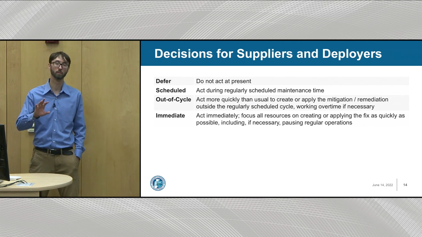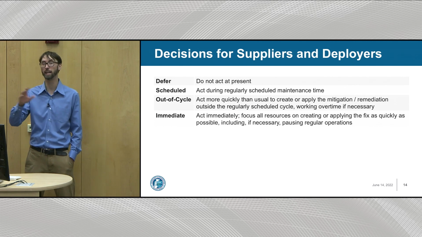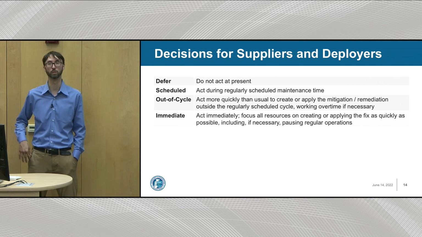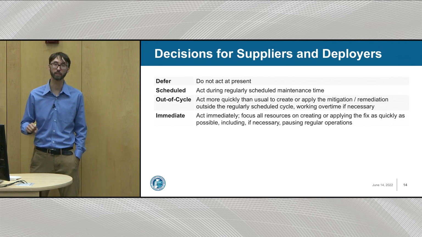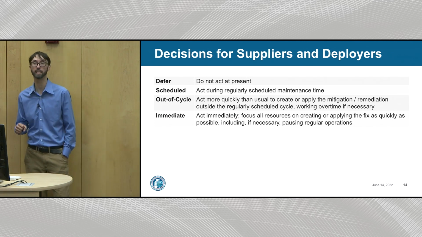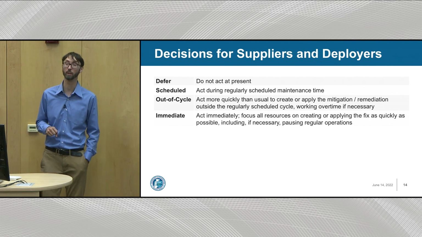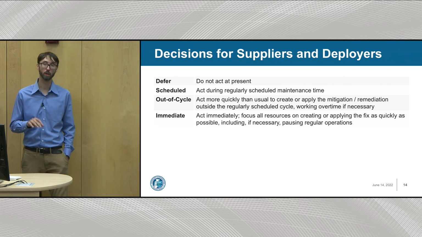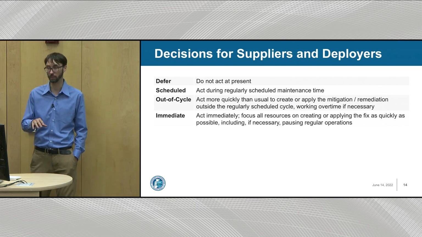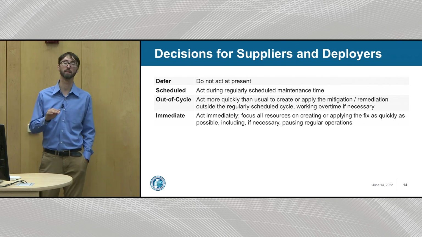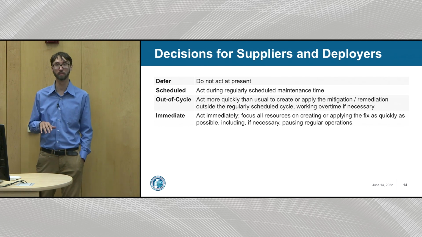Then the most critical or highest priority action you could take is a whole-of-organization approach, where you actually need more resources than the regular team has if working out of cycle. This might also include that you're going to pause regular operations. With most IT shops, regular businesses, I don't expect this level of response to happen very often.